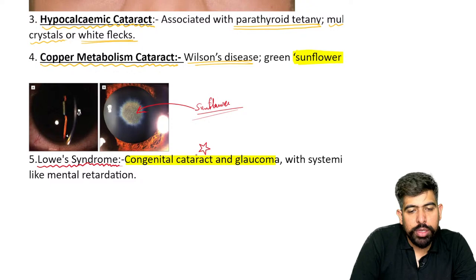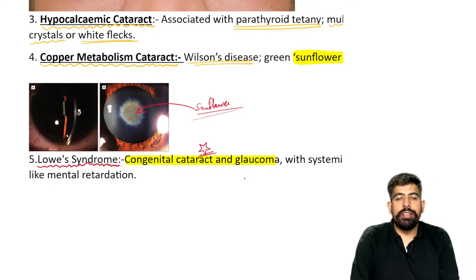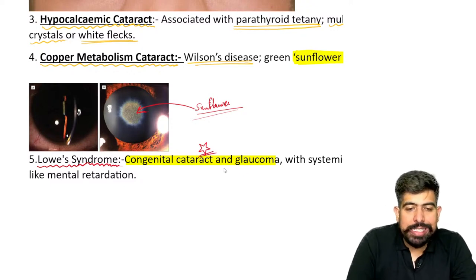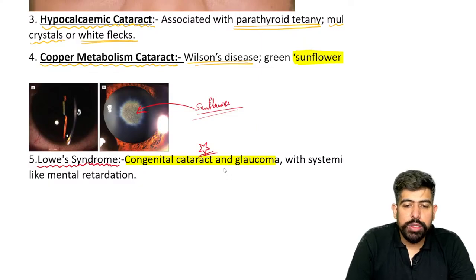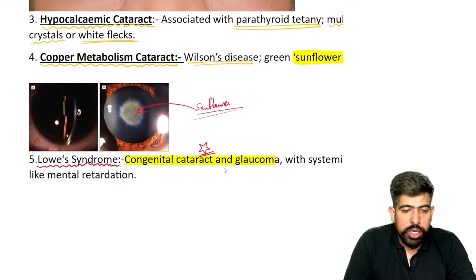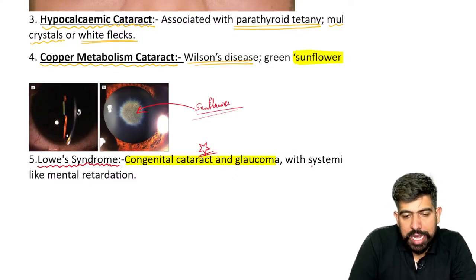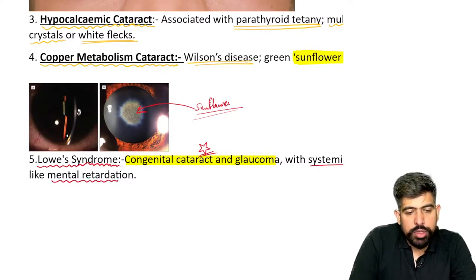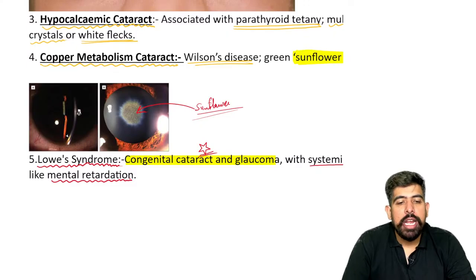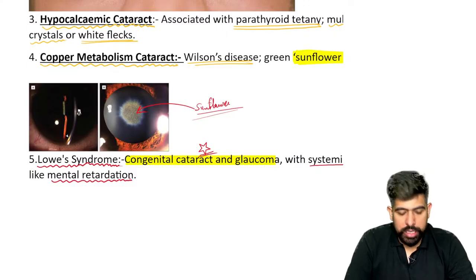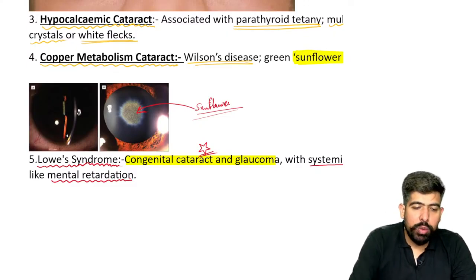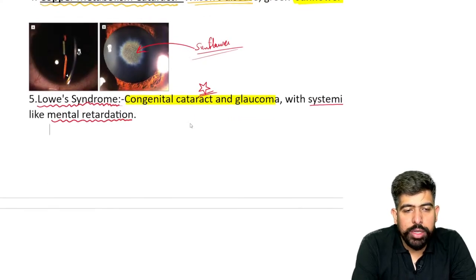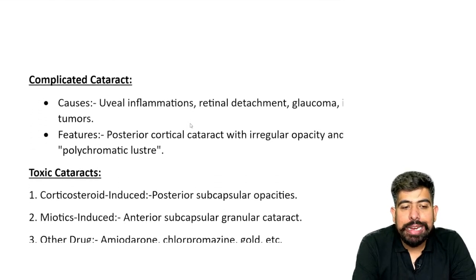Maybe they can ask you this. Not only this, in Lowe syndrome the patient has systemic features like mental retardation, and congenitally has cataract and glaucoma. So this is all about the metabolic types of cataracts.